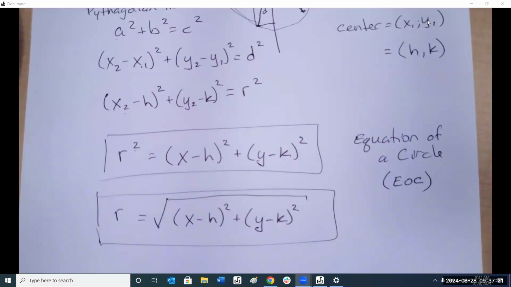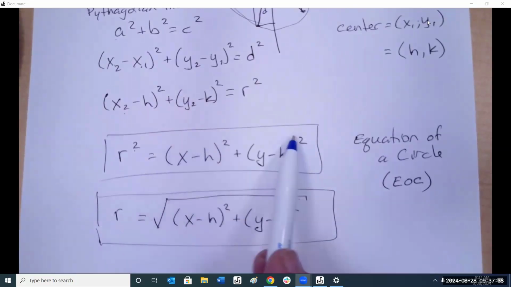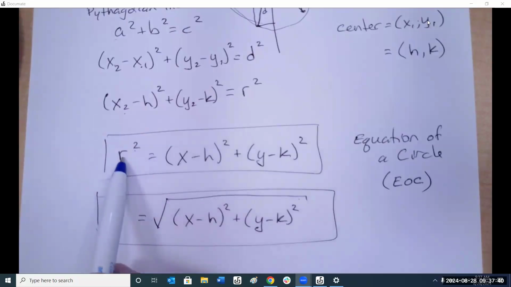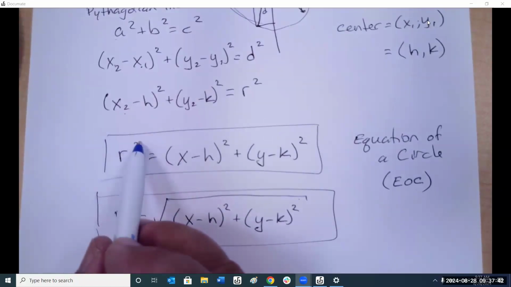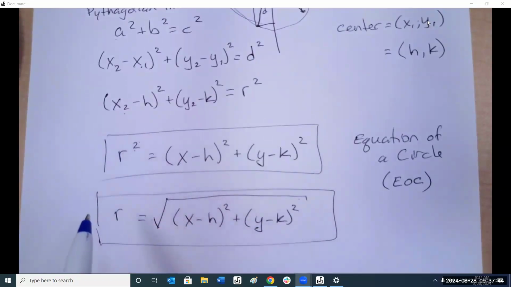Why do we write both of them down? Because if on the right-hand side you see a radical, then whatever's on the left-hand side is the distance. But if there's no square root, the distance is squared, and then we have to square root it to find the distance.